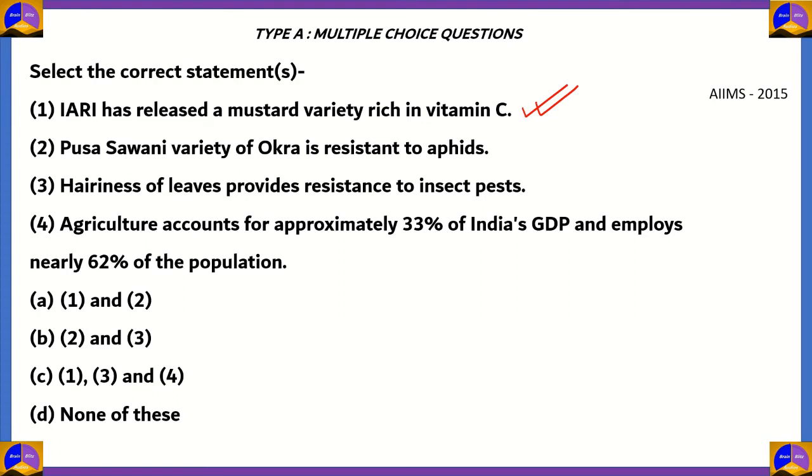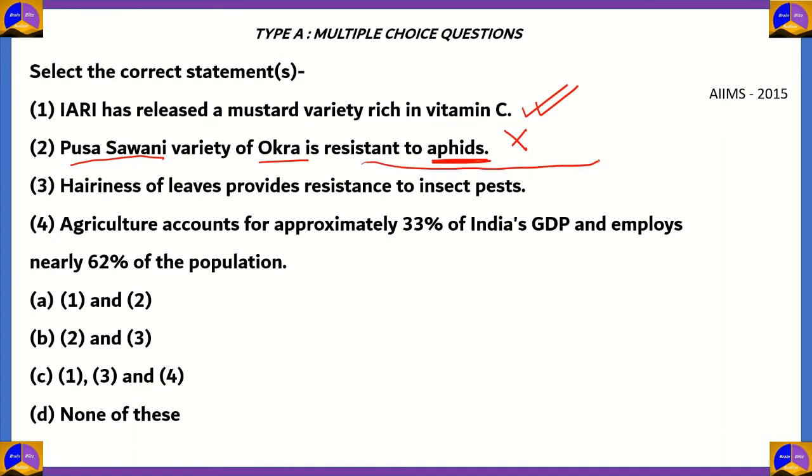If you look at statement 2, Pusa 70 variety of okra is resistant to aphids. While Pusa 70 is a variety of okra, this statement is actually wrong. The reason is its resistance. Pusa 70 is not resistant to aphids.